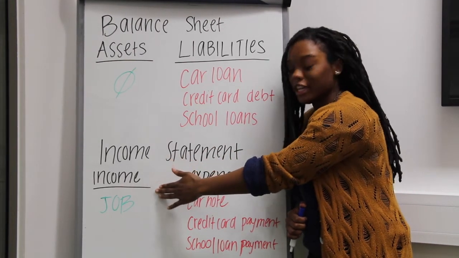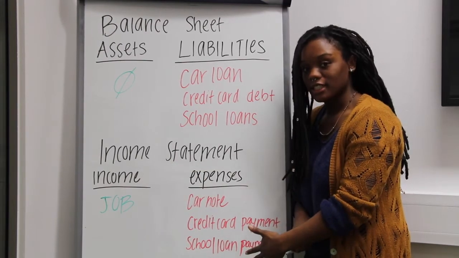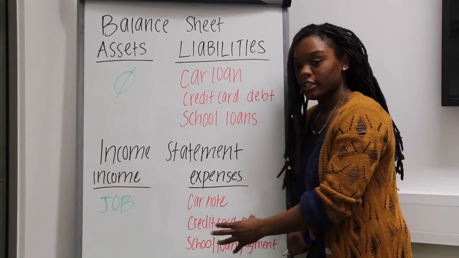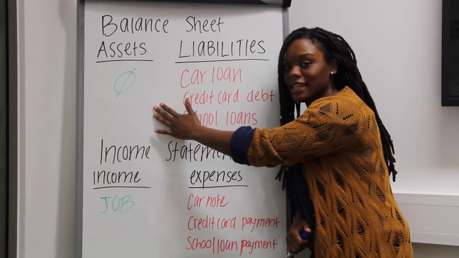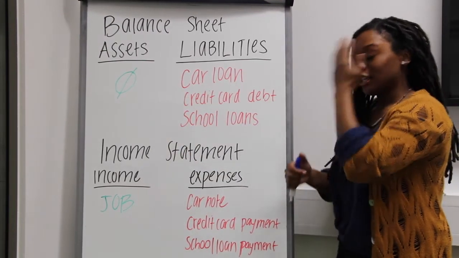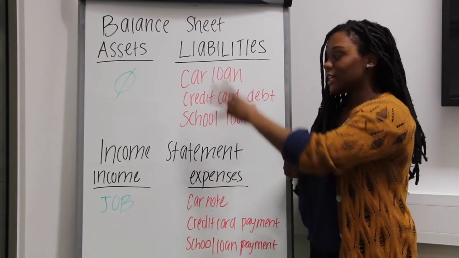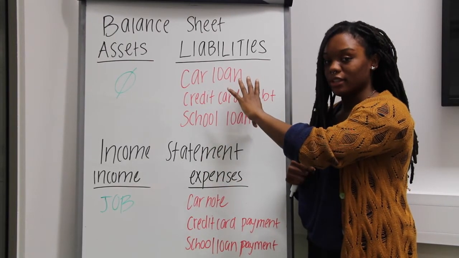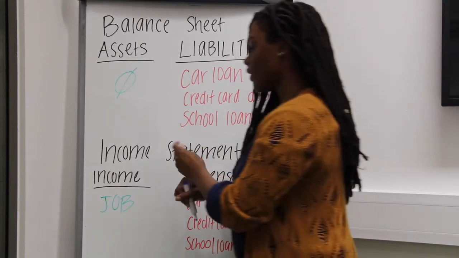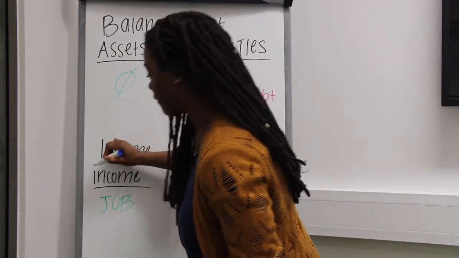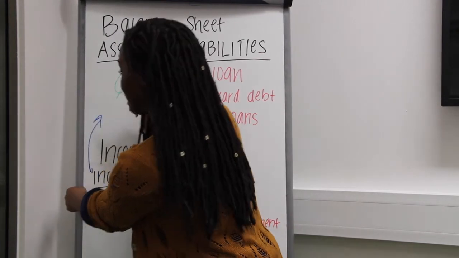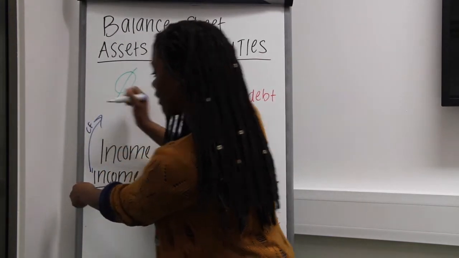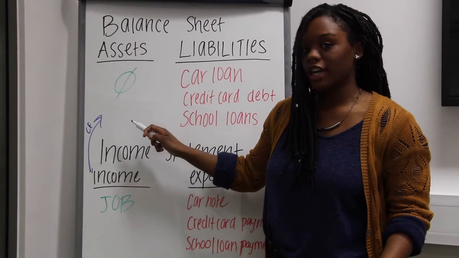Your goal is to have your income cover all of your expenses, and then after your expenses are paid, you want to have income left over so that way you can invest in some assets. And then obviously if you're paying off your expenses, that's going to reduce your liabilities. So the goal for cash flow is to have your income flow into your assets.